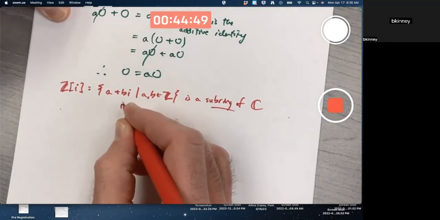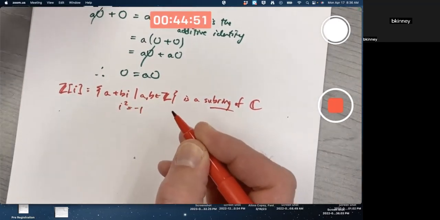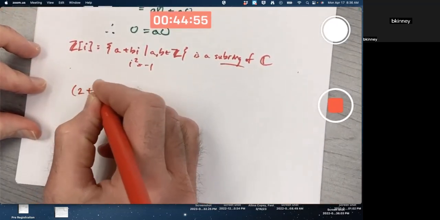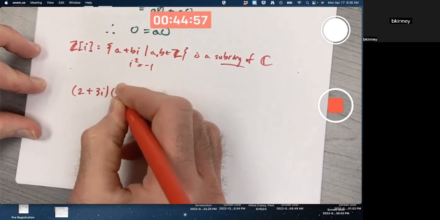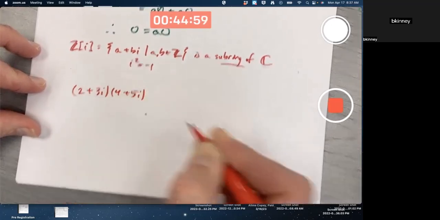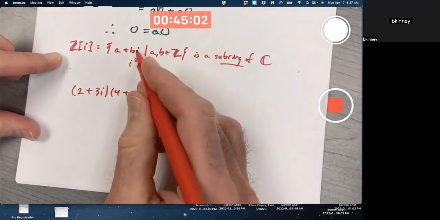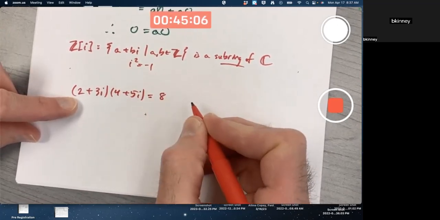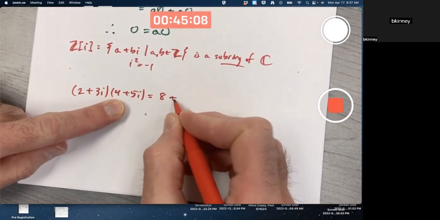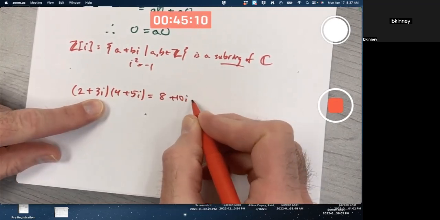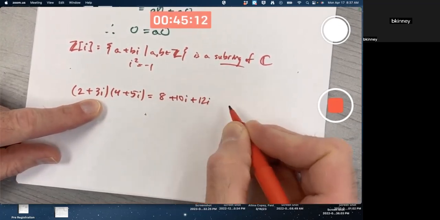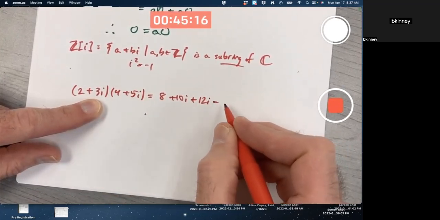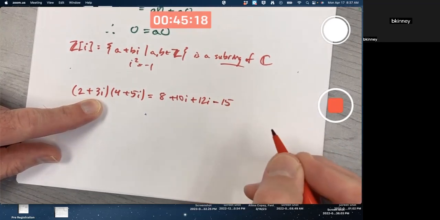We're understanding i squared is -1. It is, for example, closed under multiplication. 2 plus 3i times 4 plus 5i is something of this form. It can be simplified. 2 times 4 is 8. I'm foiling. 2 times 5i is 10i. 3i times 4 is 12i. And 3i times 5i is 15i squared, which is minus 15.